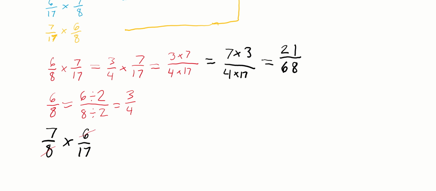So in this case, we're going to write next to the 6 the quotient of 6 divided by 2, which is just 3. Down here, we write the quotient of 8 divided by 2, which is 4. And then typically you'll see people proceed with multiplication from there. So 7 times 3 is 21, and 4 times 17 is 68.